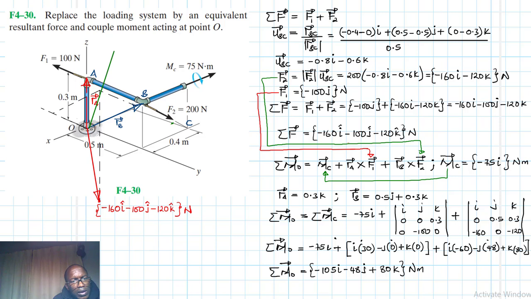Let's say it is 105, we have a higher value. Maybe we say something like this. 80, a shorter value.